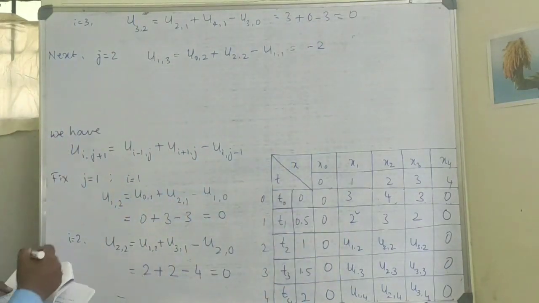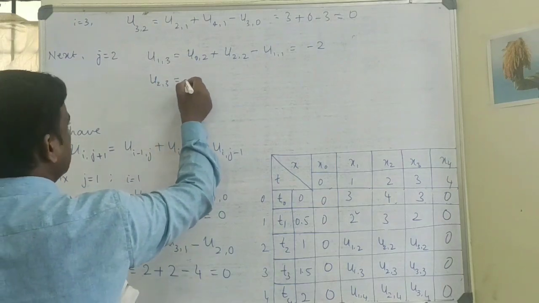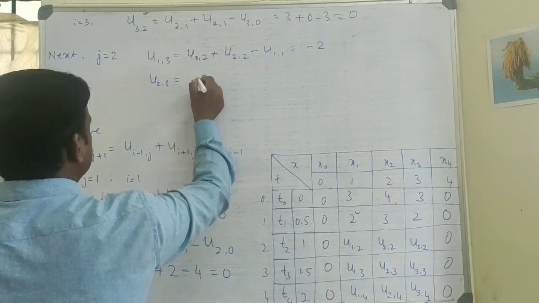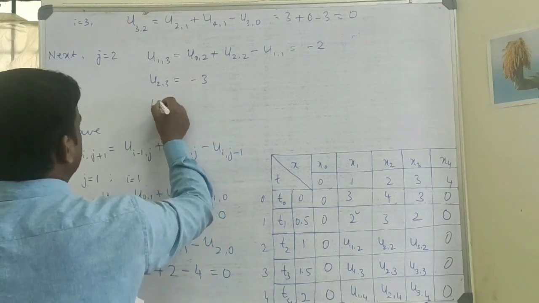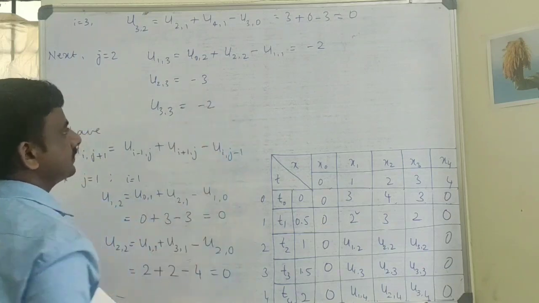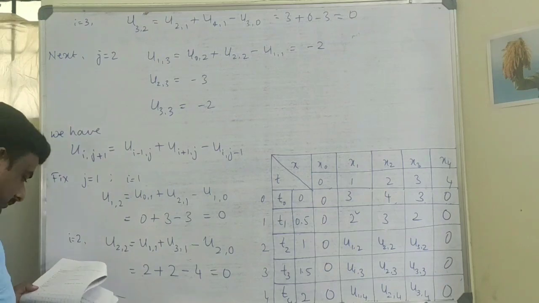Similarly, if you continue the argument, u(2,3) will be minus 3, and u(3,3) will be minus 2. That completes the fourth row.